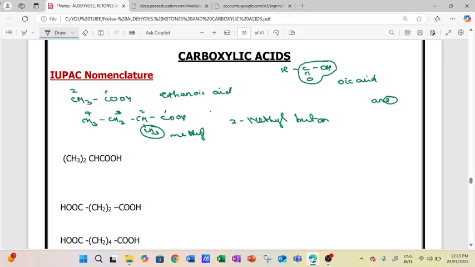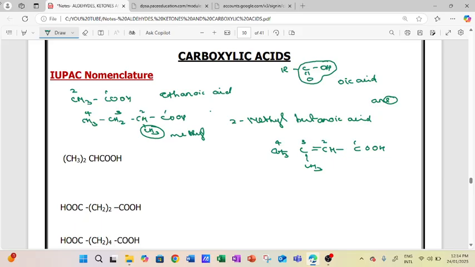So 2-methylbutanoic acid. Like that, I'll give you one example from alkene: C, C, C, C with a double bond and COOH, and one branch we can keep here. So CH3, C(CH3) double bond CHCOOH. Here 1, 2, 3, 4: 4 carbons, so butane, and in the third position a methyl group is there.